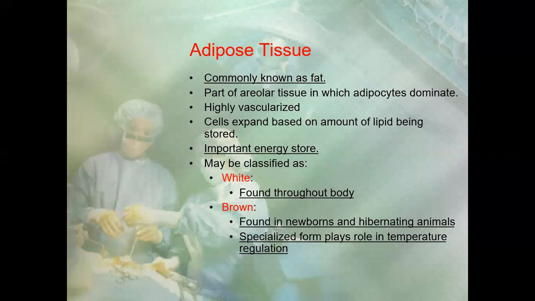Yes? So whale blubber would not technically fall into a brown fat category. Honestly, I would assume it is a version of white fat because it is more connective.